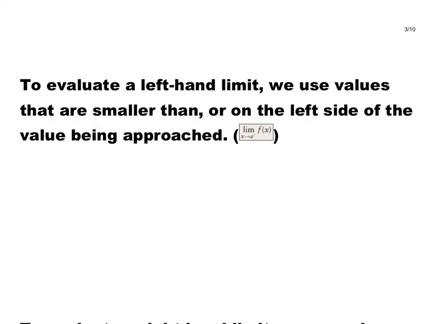Now, to evaluate the left-hand limit, we are going to use values which are a little bit less than the approaching number. For instance, if it was approaching from left to 2, we are going to use a number like 1.9, 1.99, 1.999, and so forth.